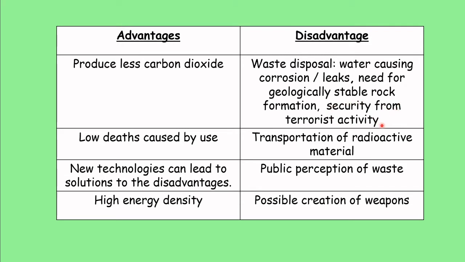So you need to make sure that your nuclear power stations are well defended. You need to be able to transport the radioactive material around safely. The public perception of waste is very poor due to events like Chernobyl and Three Mile Island. The public has quite a negative perception of nuclear energy. And also, you possibly could create nuclear weapons from the byproduct of nuclear energy.